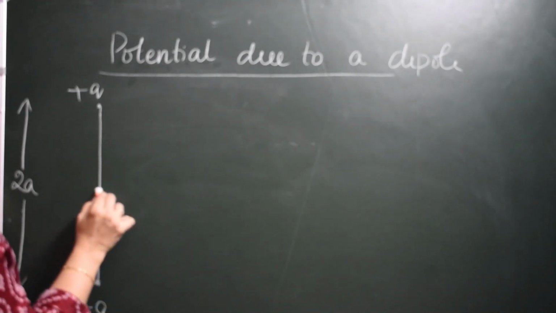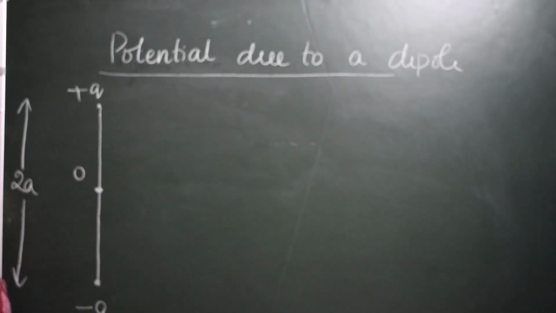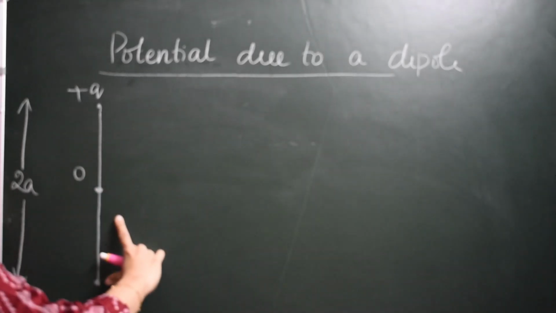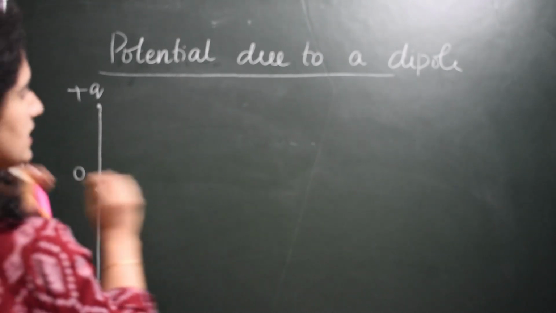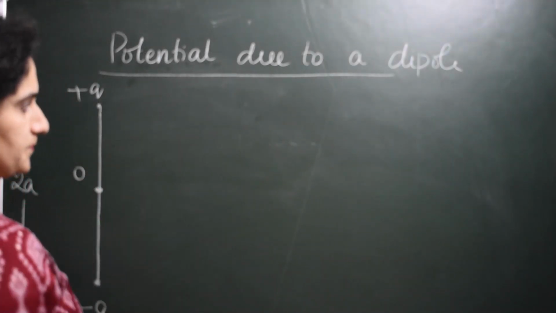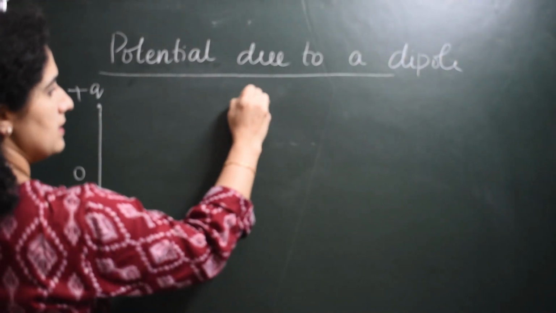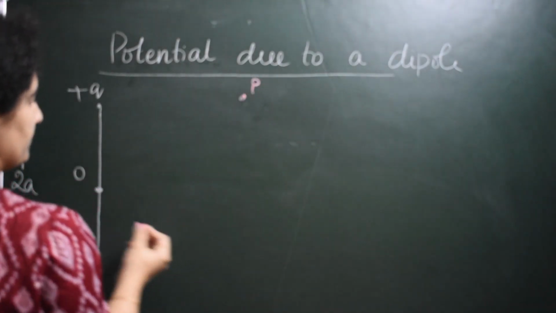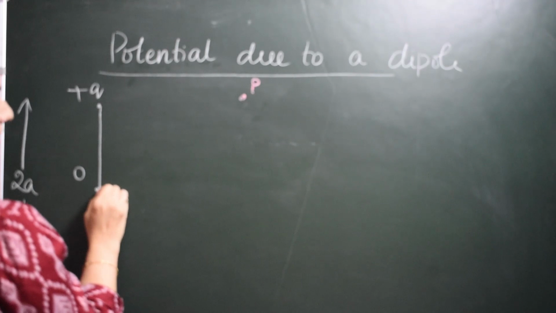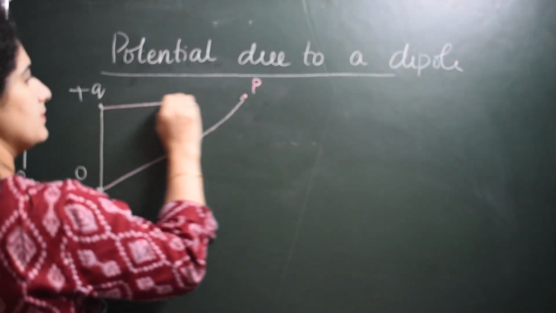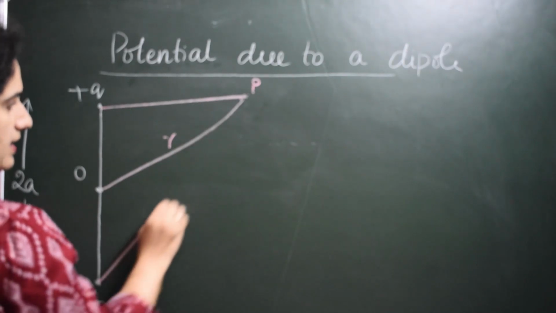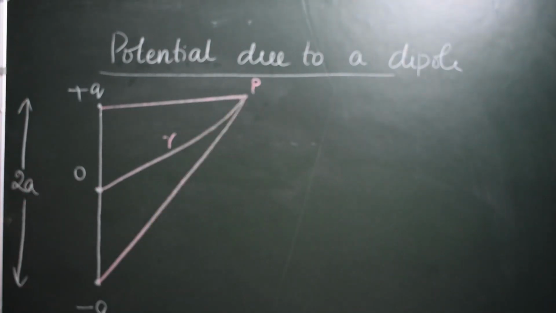Let me consider this as the origin O, so that this is a and this is a, equally distributed. To find out the potential at this point P, say that this is at the position vector R, due to both the charges.